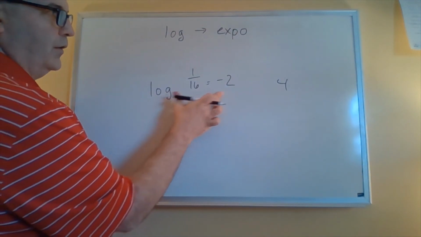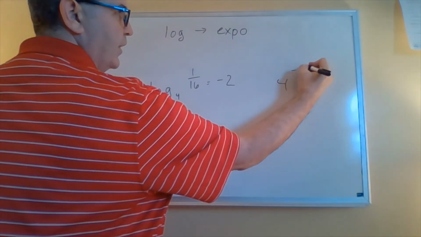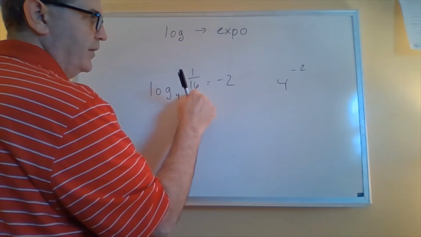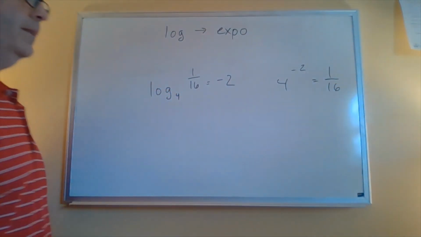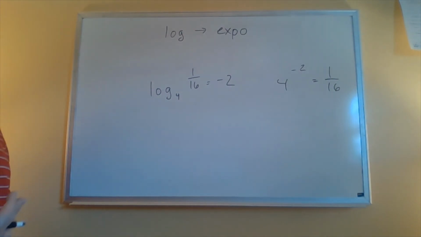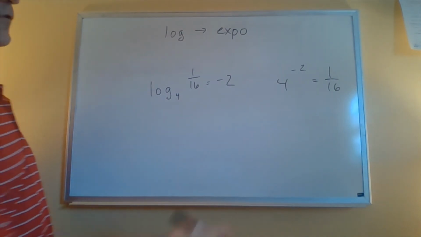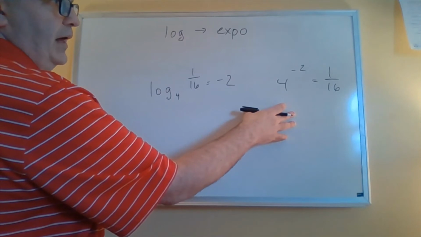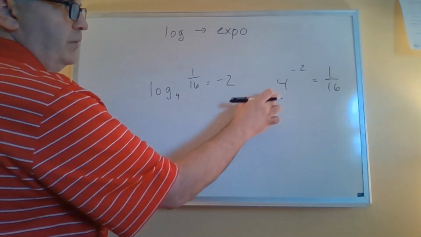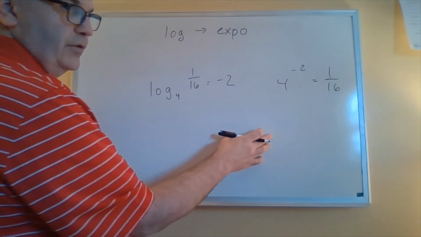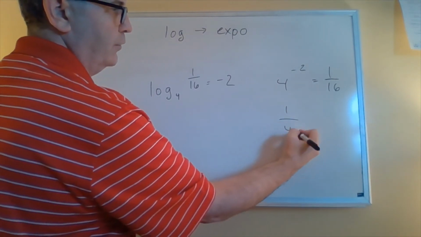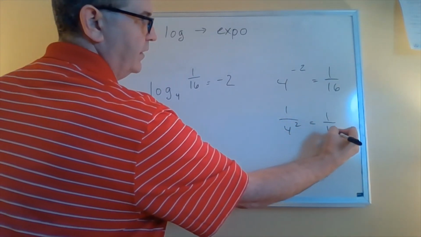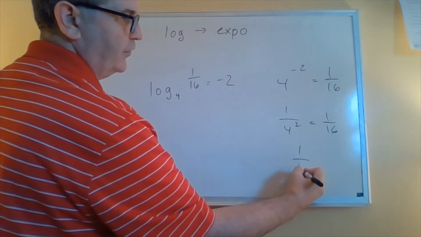That's what this whole log expression equals. So we're going to raise 4 to the -2, and that's going to equal our constant of 1/16. If you remember back in earlier algebra days, when we raise to a negative exponent, it actually goes in the denominator of a fraction. So this would be 1 over 4 squared equals 1/16. Do the math and you can see that's correct.